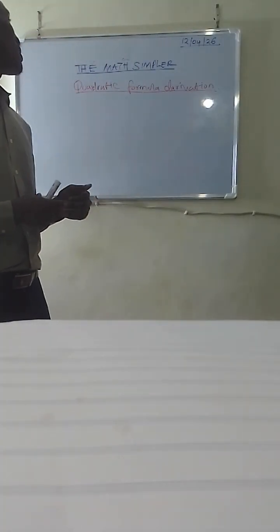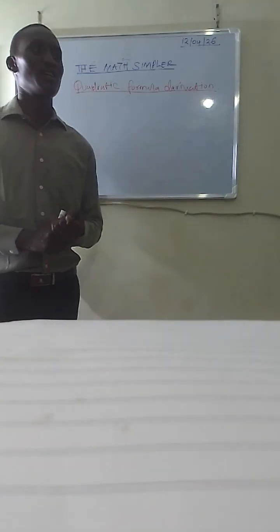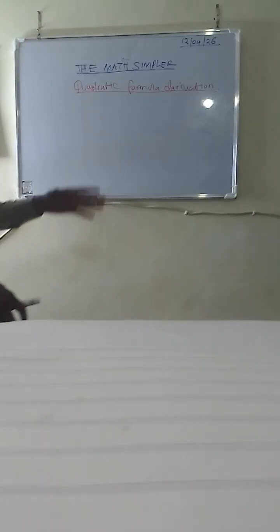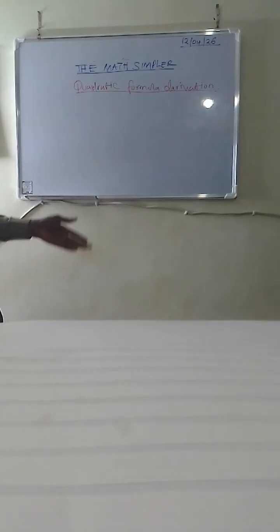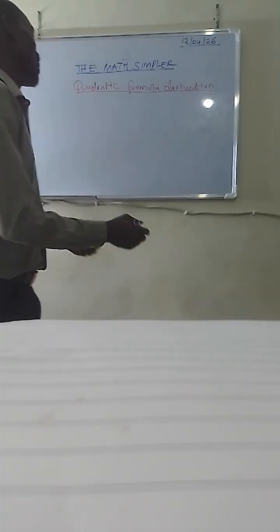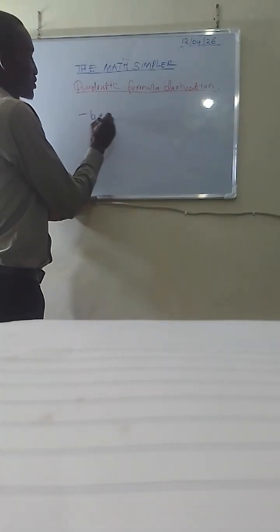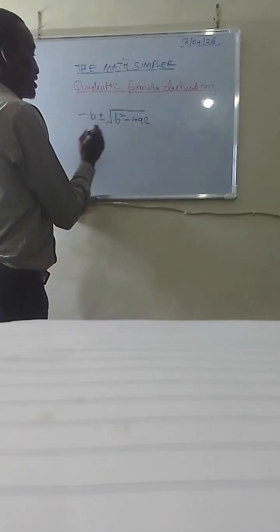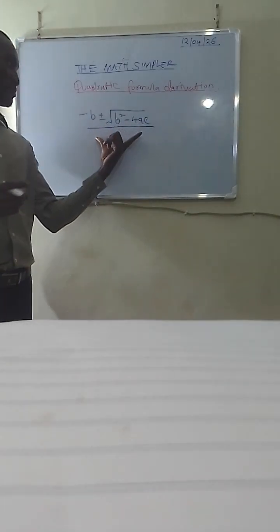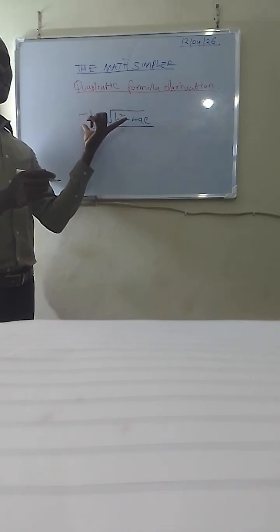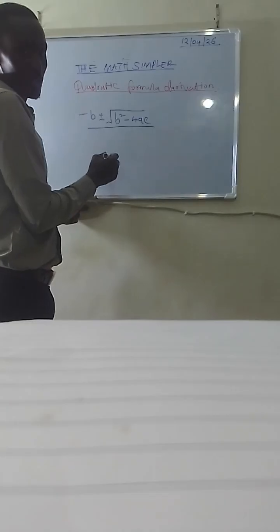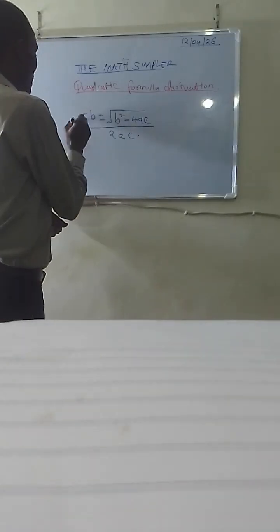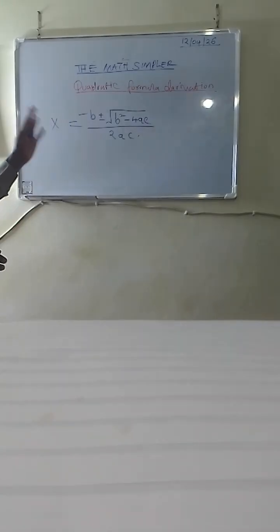Because a quadratic equation is an equation of degree 2, we are going to use a method called the completing square method, which is the primary method of solving quadratic equations, to generate the quadratic formula, which is x equals minus b plus or minus the square root of b squared minus 4ac, make sure the whole of this numerator is all over the denominator, which is 2a, and this is the value of x in an equation.